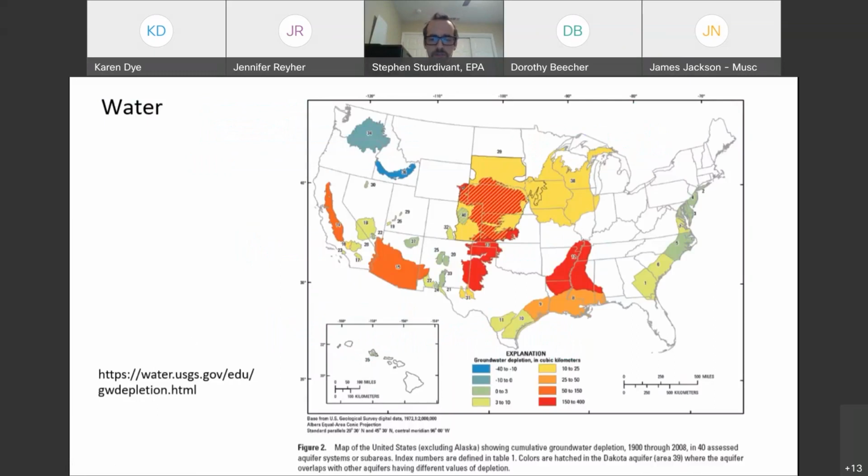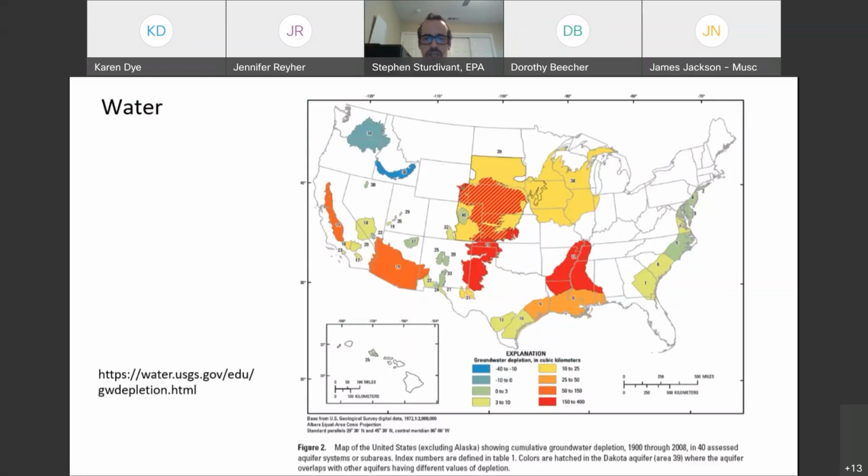And one of them happens to be water. So what you're looking at right now is a map of the United States, and each of those color shapes represents an underground water aquifer that the U.S. Geological Survey measured the water level in.